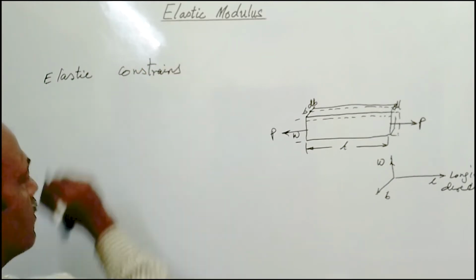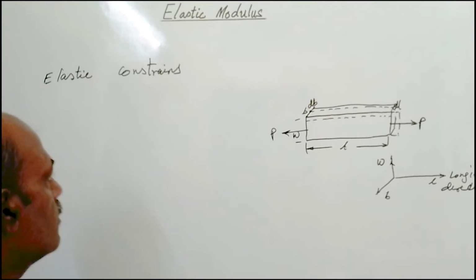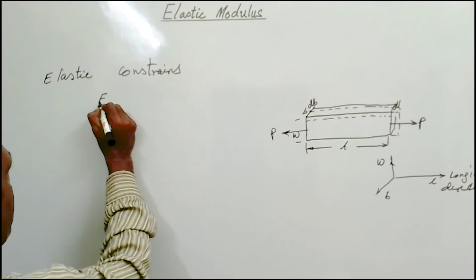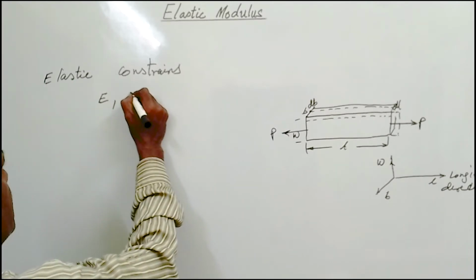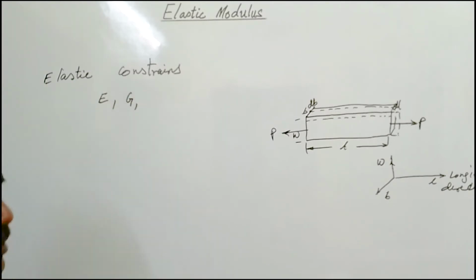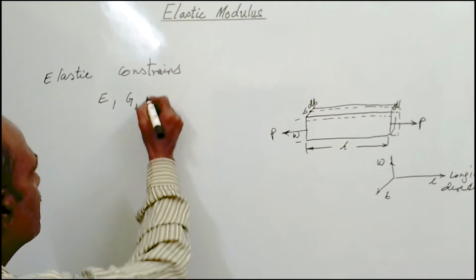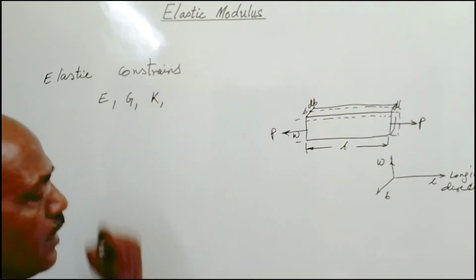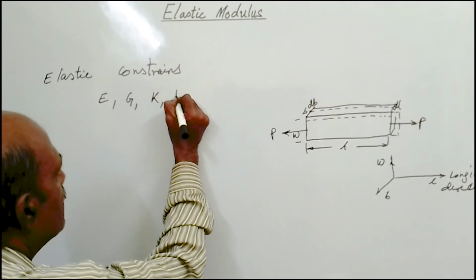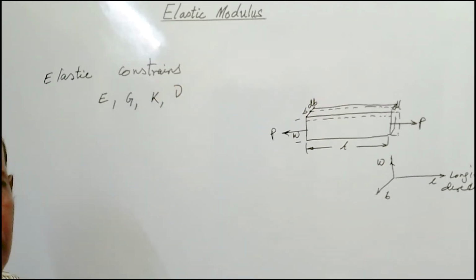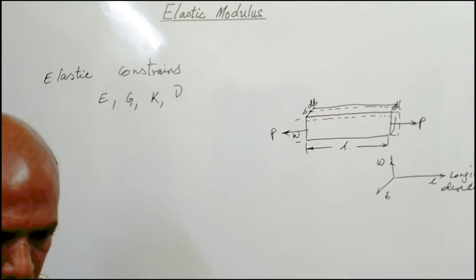There are four elastic constants: E, Young's modulus of elasticity. Second is G, modulus of rigidity. Third is K, the bulk modulus of elasticity. And fourth is nu, the Poissons ratio.